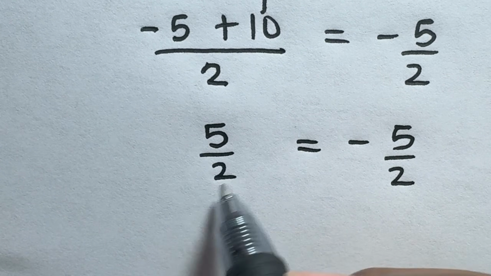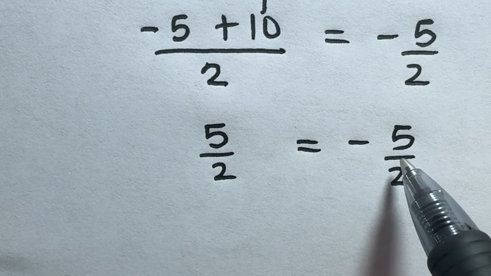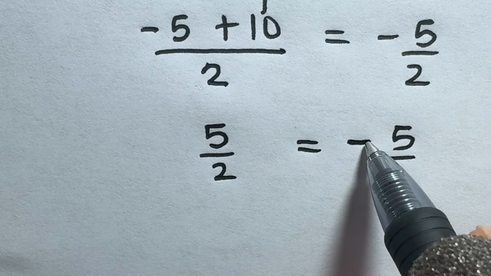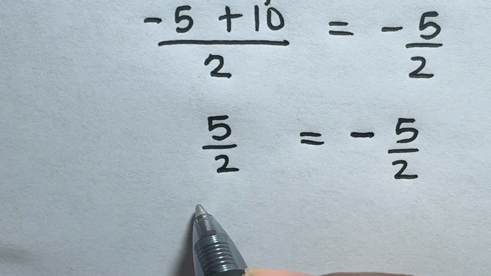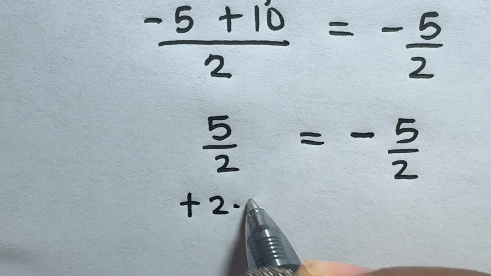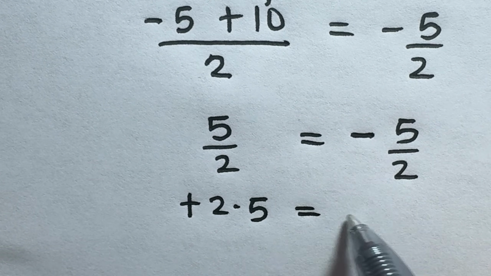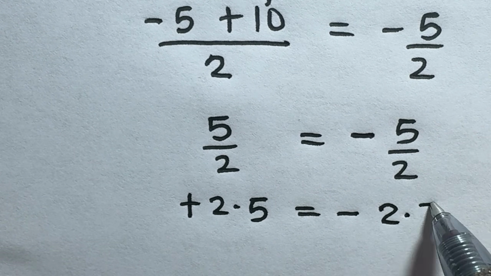So as you can see, we have the exact same value but opposing sign. This is negative, whereas this is positive. So on the left we have positive 2.5, and on the right we have negative 2.5.